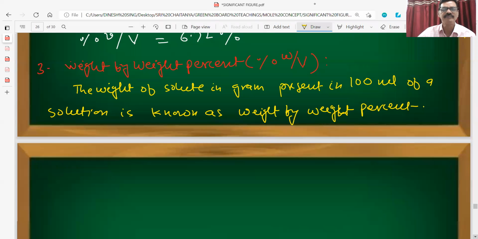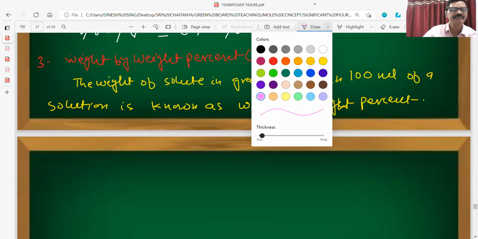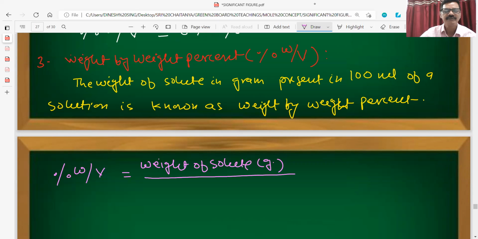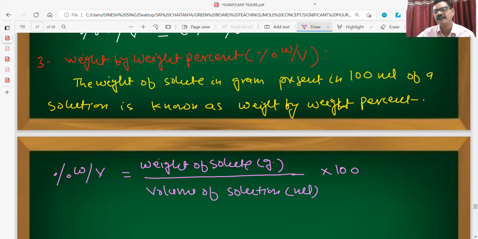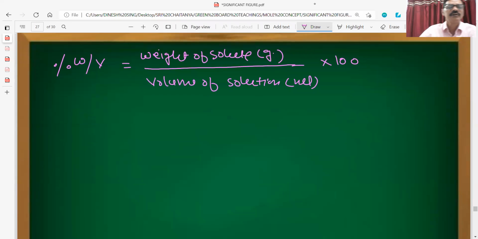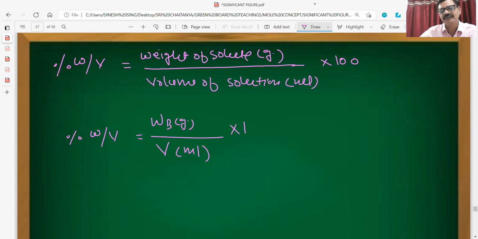So again we can make our formula. Weight by weight percent will become equal to weight of solute in gram divided by volume of solution in ml into 100.